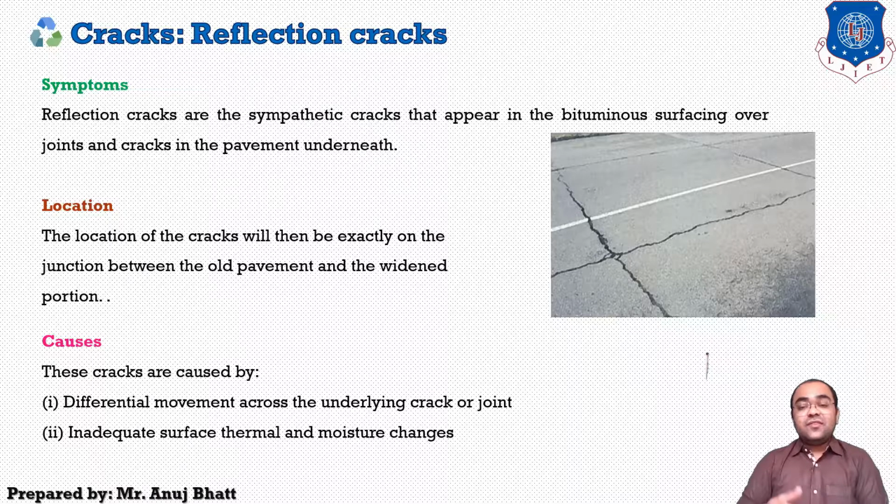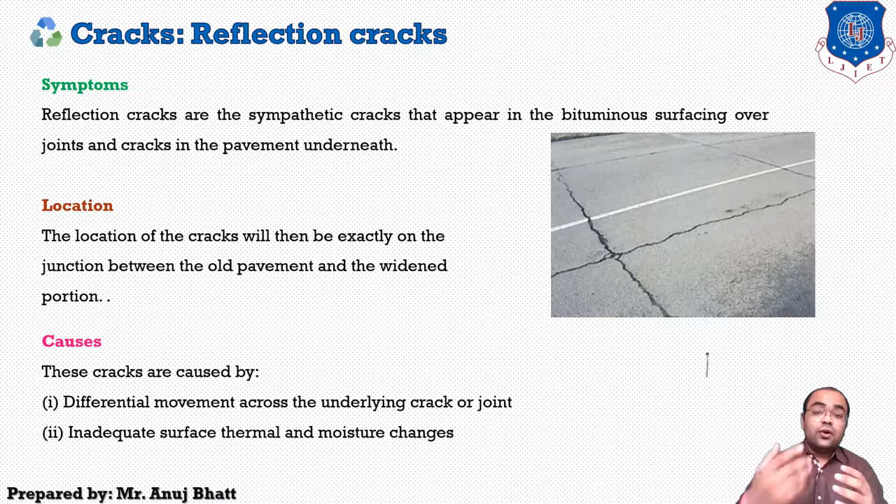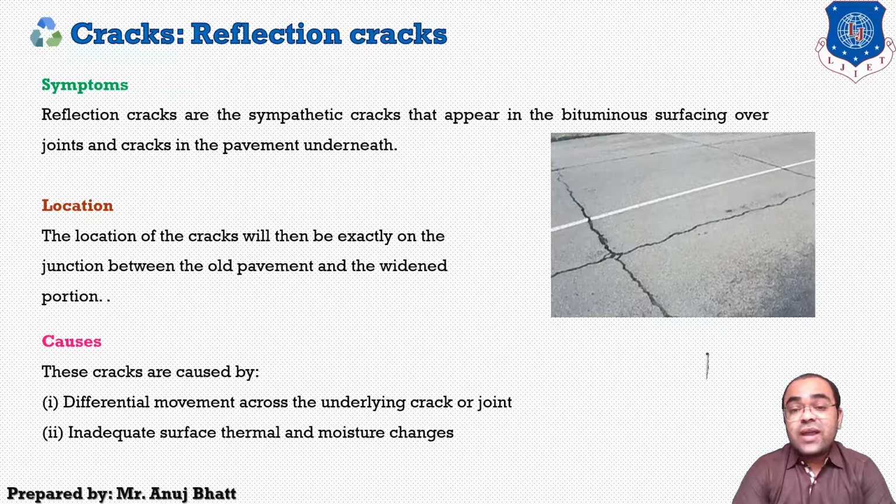Sometimes we provide an overlay of bitumen on the concrete surface, and that can also cause such cracks because of thermal and moisture changes. There is no severity level defined for such cracks.